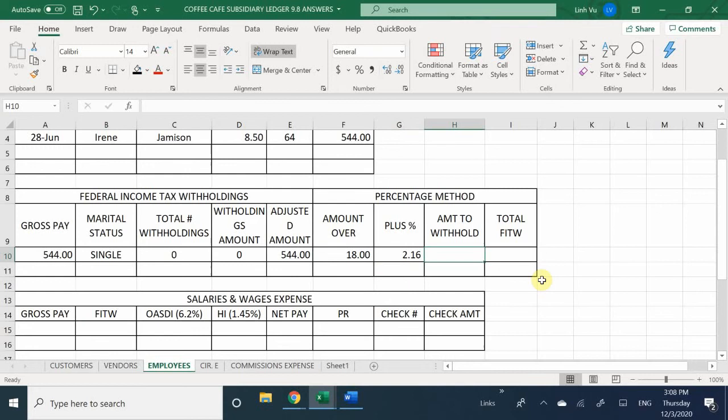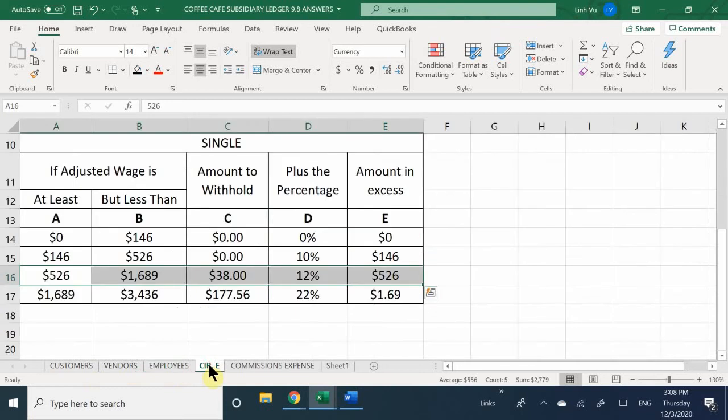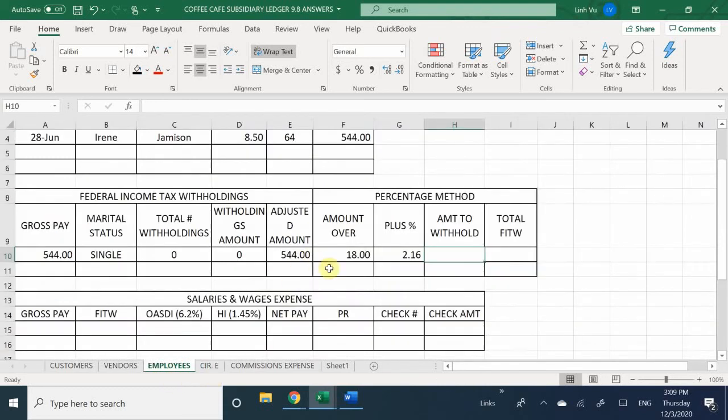And then of course, what's the amount that she automatically gets withheld for? That was $38. She's going to get $38 taken out of her check no matter how much money she makes.